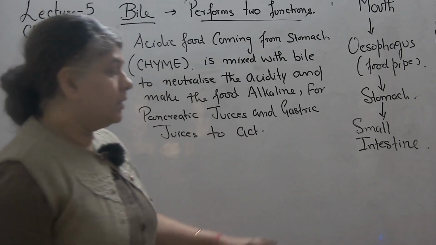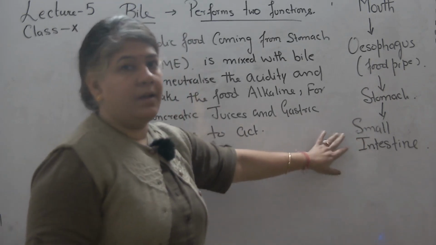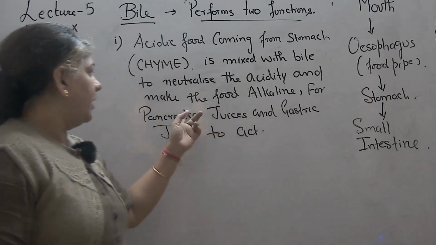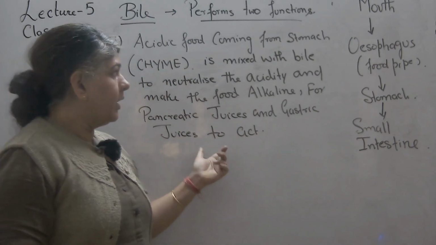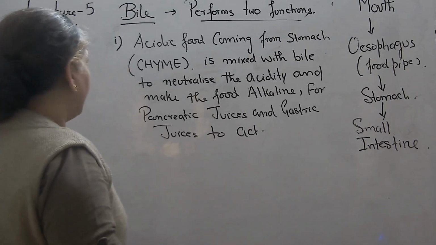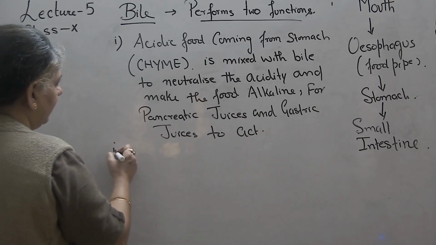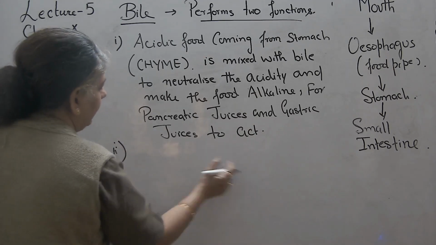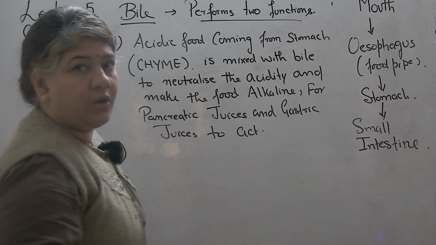So the food needs to be alkaline in nature for pancreatic juice and gastric juice to act. So this is one of the major roles played by the bile. Another important function is emulsification of fat.